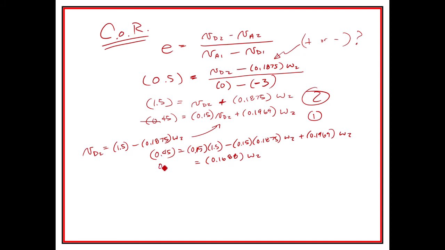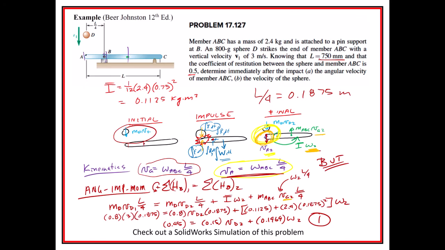I get 0.225, and then I divide, and I get omega 2 is equal to 1.333 radians per second. And it's positive, so I'm actually saying, yes, it's going to be rotating in that direction, right? That's what I have decided that it is. And that makes sense that I'm going to hit right here, and it's going to rotate up.